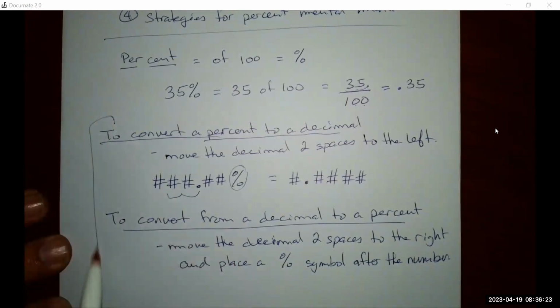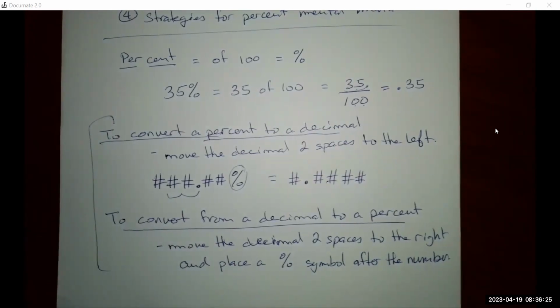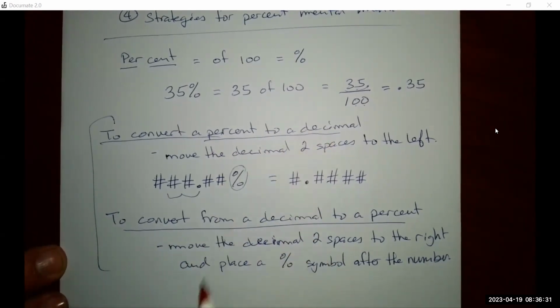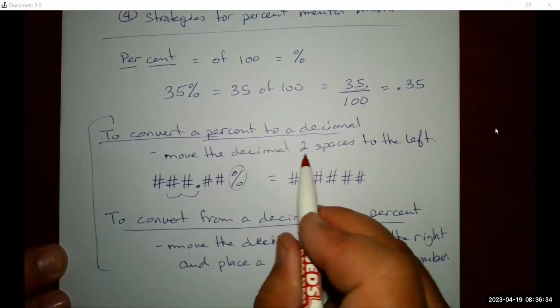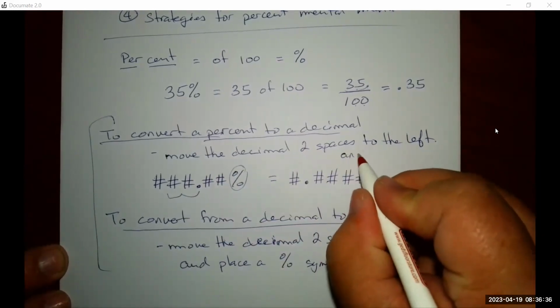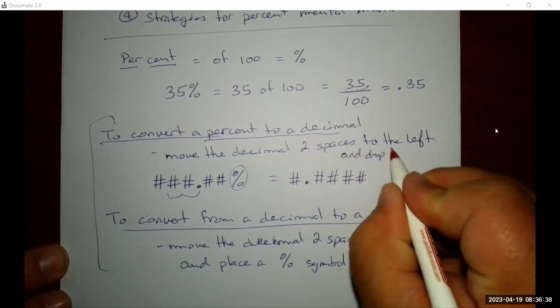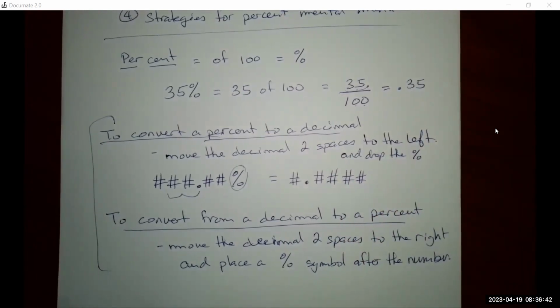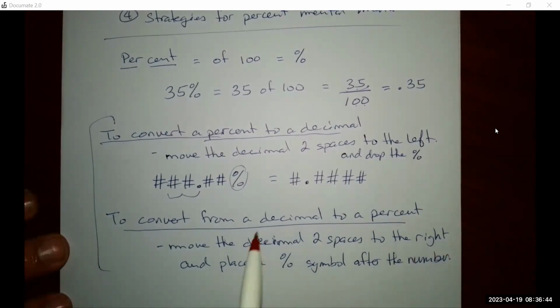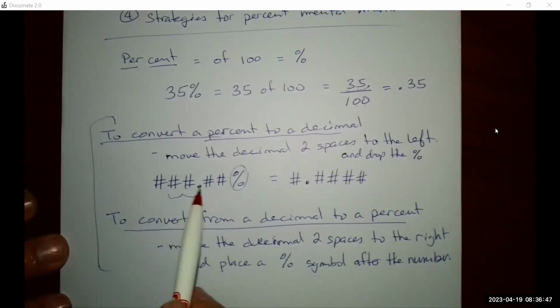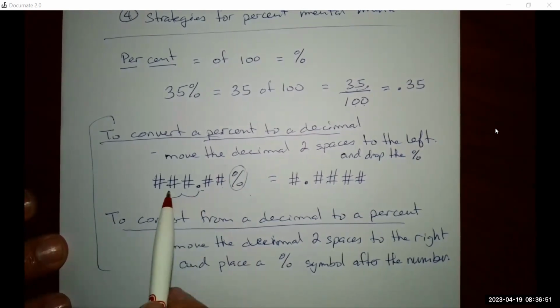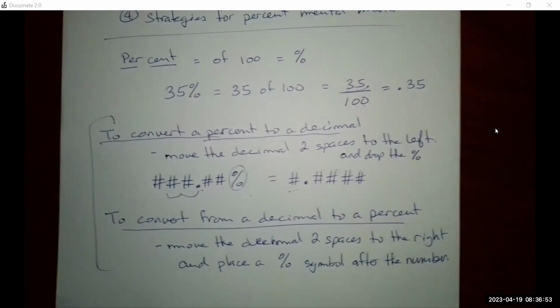So these are your conversion rules. When you convert from percent to decimal, move the decimal 2 spaces to the left and drop the percent. So if we have a number, a dot, and a percent, get rid of the percent and move it 2 to the left, and you have the decimal equivalent.